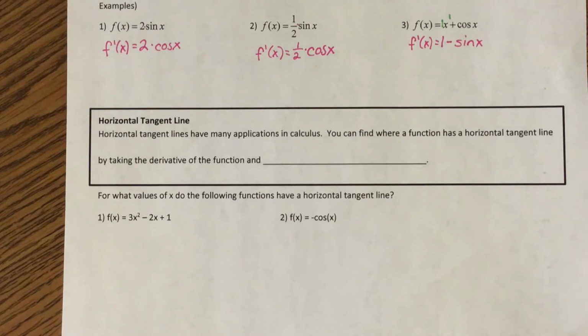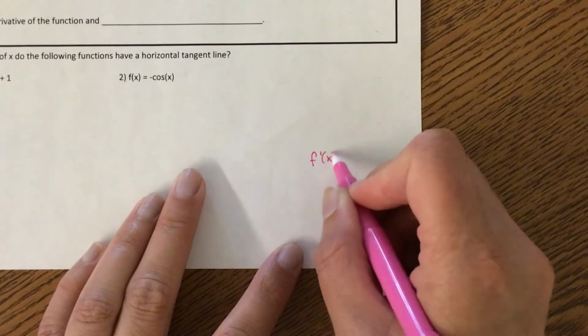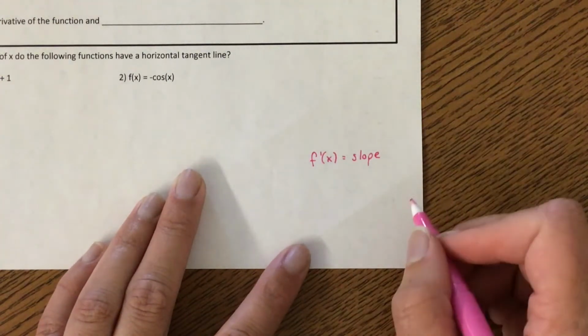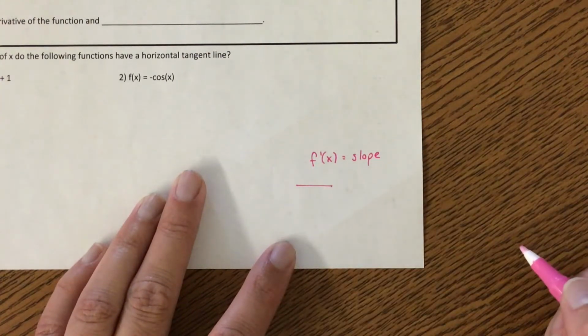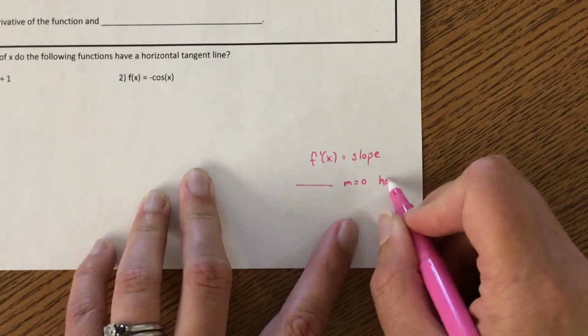You can find where a function has a horizontal tangent line by taking the derivative and doing something. So let's think about this. If a derivative means slope, what is the slope of a horizontal line? 0, right? M equals 0 for horizontal lines.